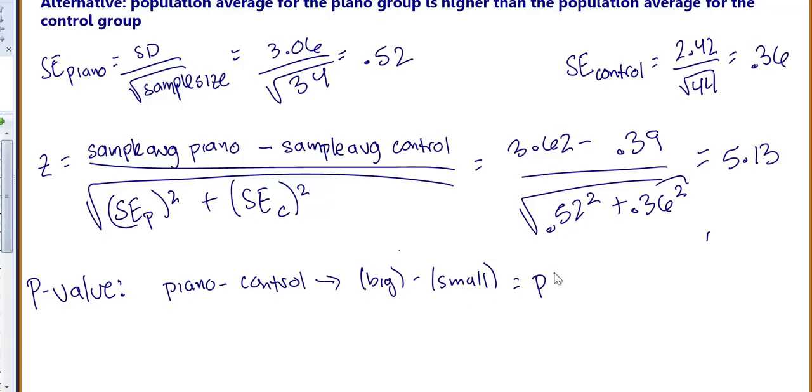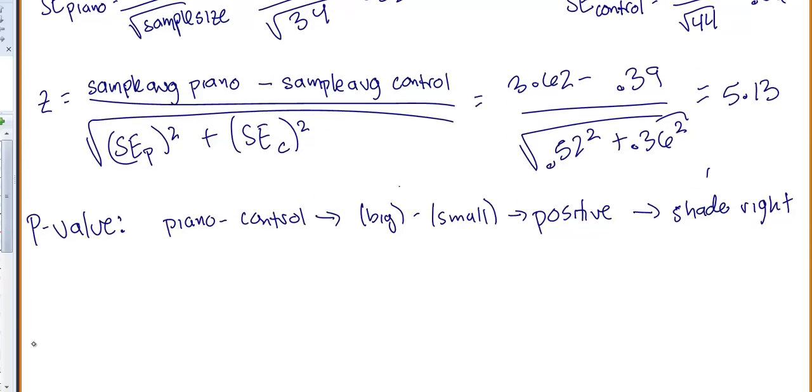So that should give me a positive result, which means I should shade to the right. And once again, I'm going to use that logic every time to try and figure out which direction to shade. So here's my Z equals 5.13, and I want to shade to the right.